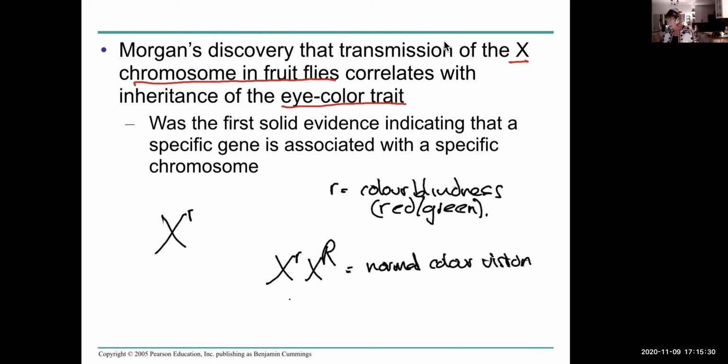But if the male inherits the recessive allele, there's nothing to mask that recessive allele. And it was 8% of males are colorblind.